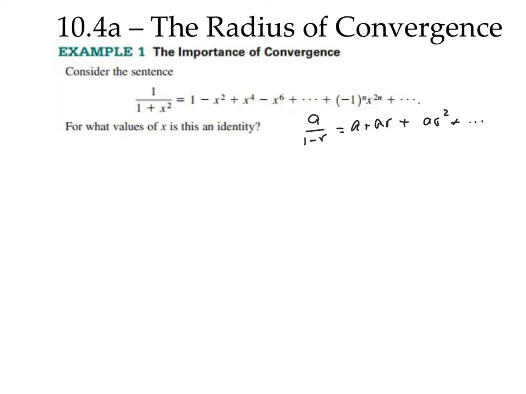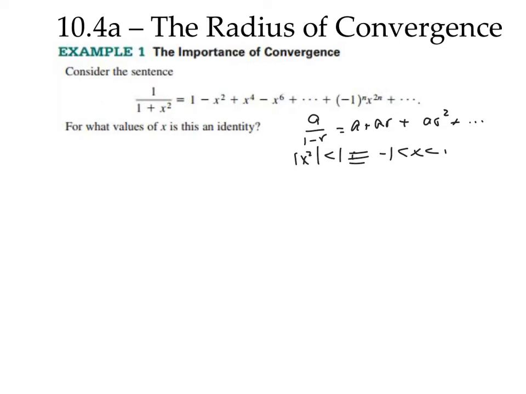And we know that it only converges when the absolute value of r is less than 1. In this case, that would mean the absolute value of x squared is less than 1, which is equivalent to negative 1 is less than x is less than 1. So only for those numbers is this an identity.